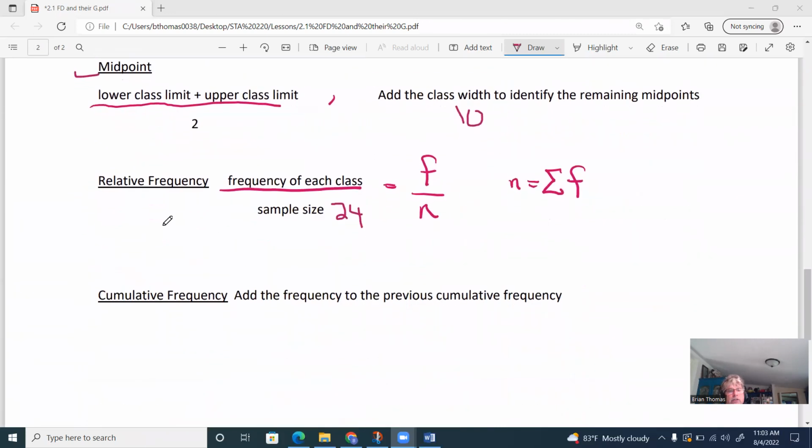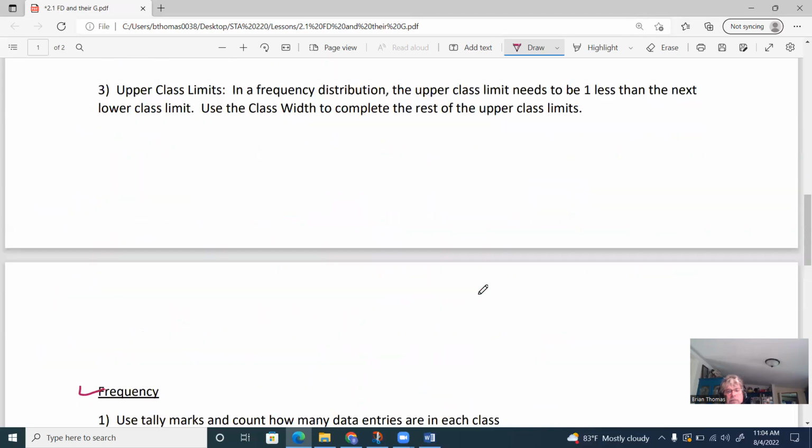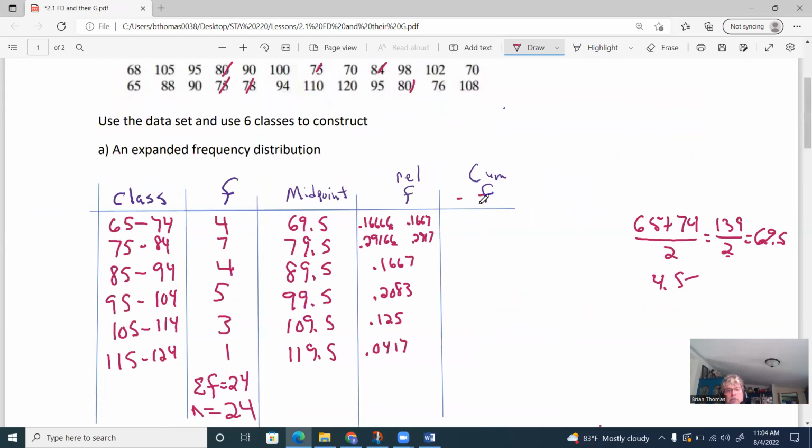So that's our relative frequency: you just divide the frequency by the sample size, the number of pieces of data. Cumulative frequency: what you do is you add the frequency to the previous cumulative frequency. So this has an addition concept to it. To do the cumulative frequency, the frequency is 4, but since there's no previous frequency, the cumulative frequency is 4.